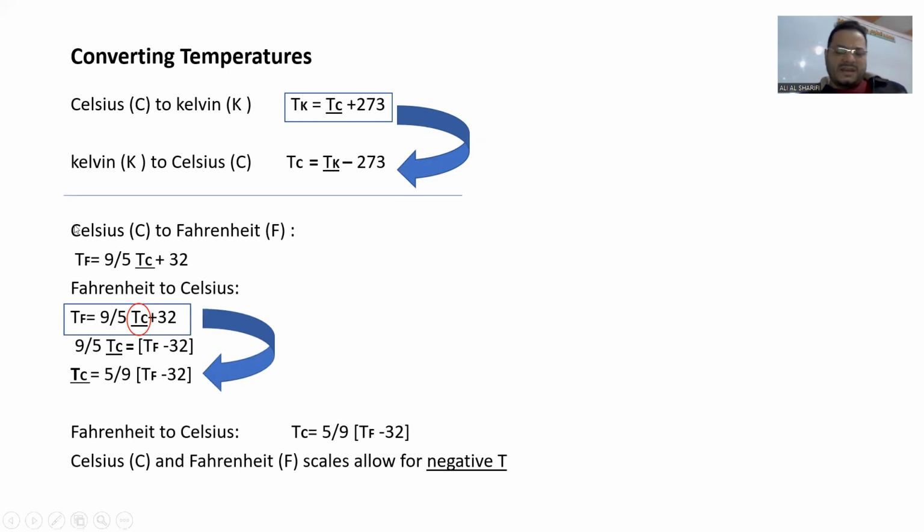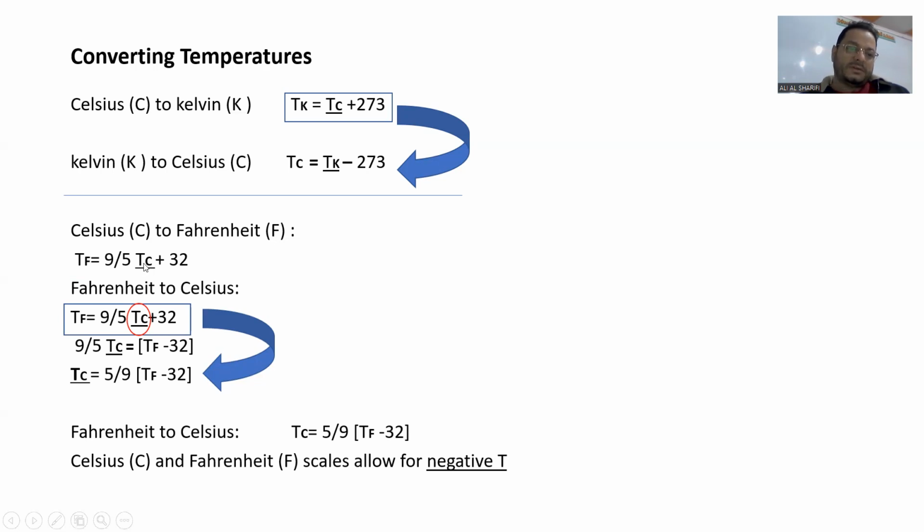To convert to Fahrenheit, the situation will be different. We will use another function. This function is: Fahrenheit temperature equals 9 divided by 5 multiplied by the Celsius temperature, plus 32.